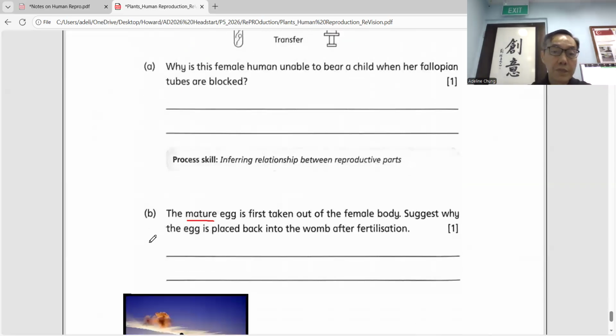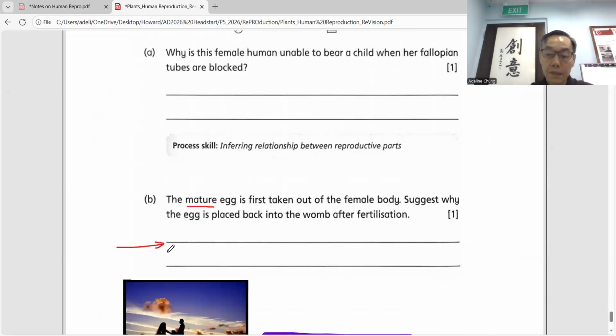So the answer is the embryo. Embryo means fertilized egg. You can say the fertilized egg was placed back into the womb to allow it to grow and develop into a baby.